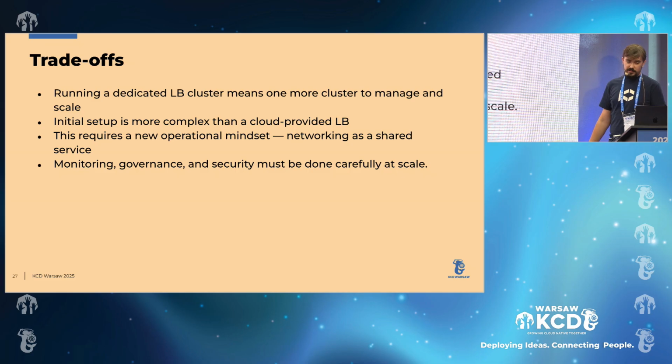Like I said, the initial setup is more complex than a cloud-provided LB for sure, and this also requires a new operational mindset. The network is the center of everything, and the data plane and control plane live in the LB clusters, in fact. So monitoring and security must be done carefully, but like I said, on the security side, RBAC is fully controlled, so kubelb only has access to the things it should have, and there are no concerns with this.